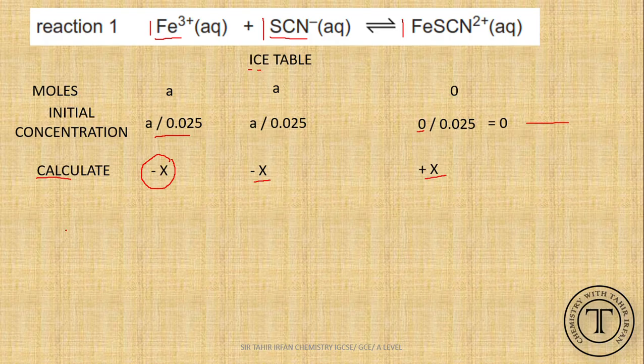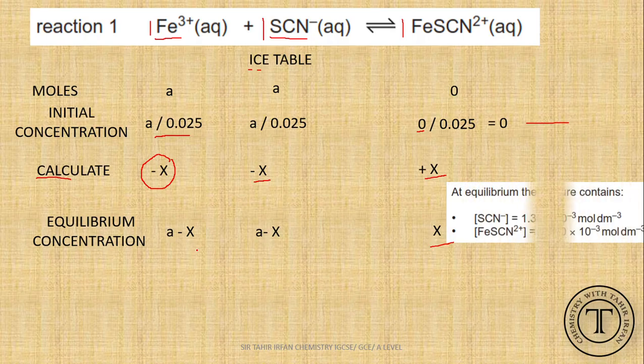Now E, the equilibrium concentration. So what do you think will be the equilibrium concentration of iron plus 3? Obviously A minus X. As we can see, A minus X for iron plus 3, A minus X for SCN, and simply X because 0 plus X is simply X. So these are the equilibrium concentrations.